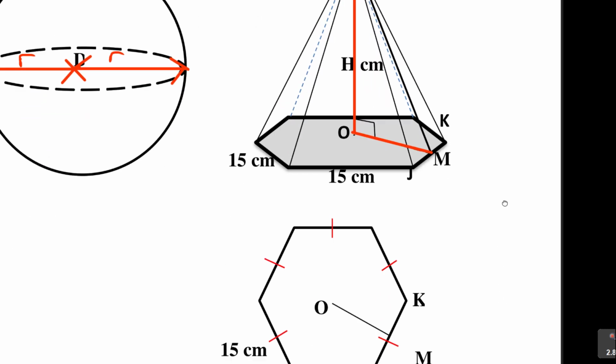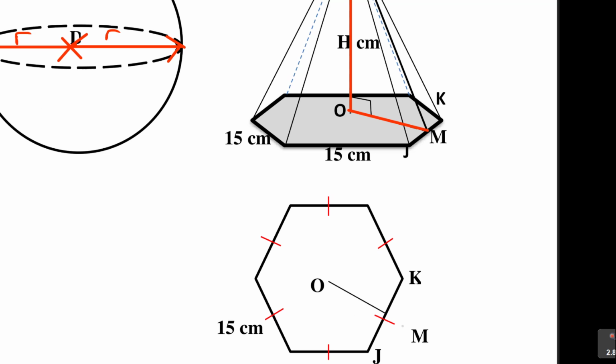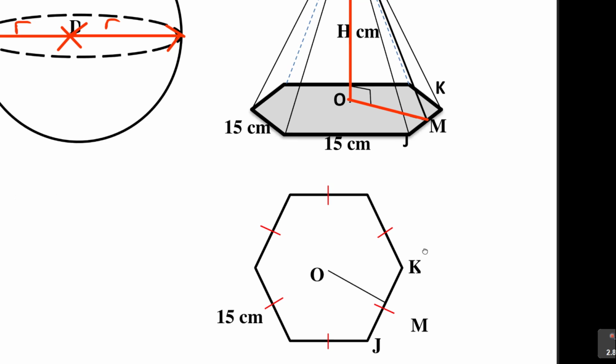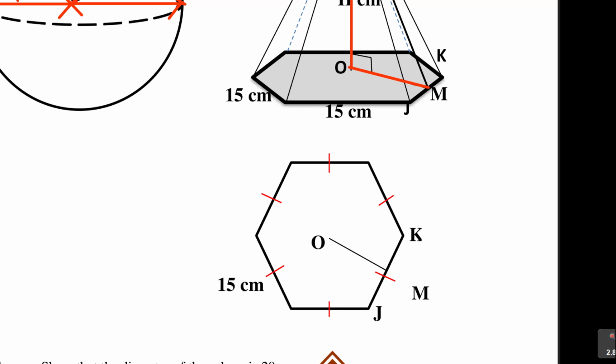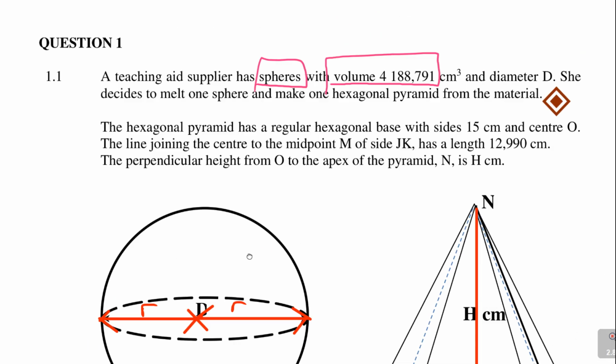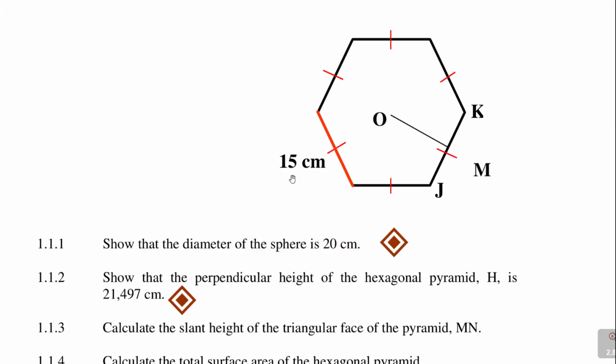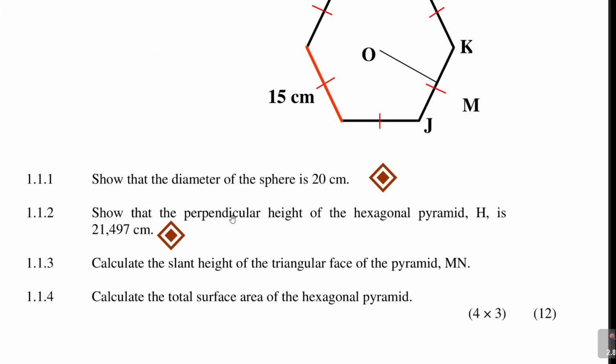There's 2 pieces of information for you to find the perpendicular height. They gave us also this part to say the side of each is 15 centimeters. So now they say we need to show that the perpendicular height of the hexagonal pyramid H is that.